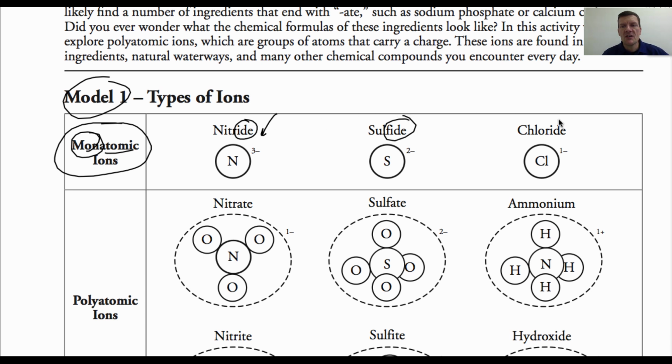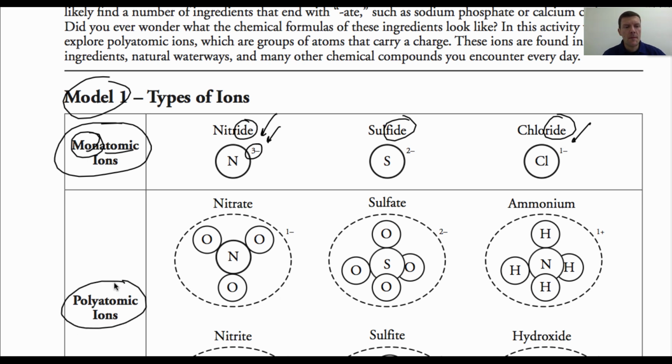Here sulfide, chloride, and in this case nitride has a -3 charge. Why? Because it has 3 more electrons than the total number of protons that are in the nucleus. Sulfide is a 2 negative because it's got 2 more electrons surrounding the nucleus than there are protons in the nucleus. And chloride, -1, 1 more electron than the total number of protons.